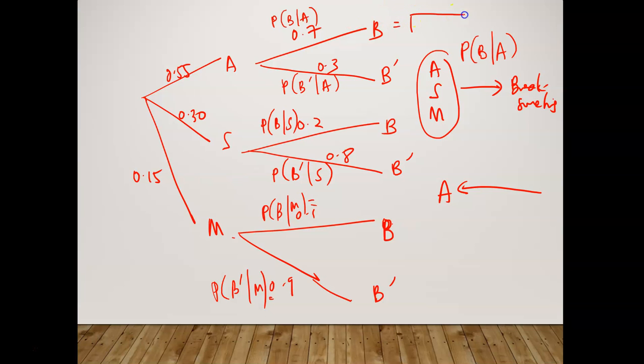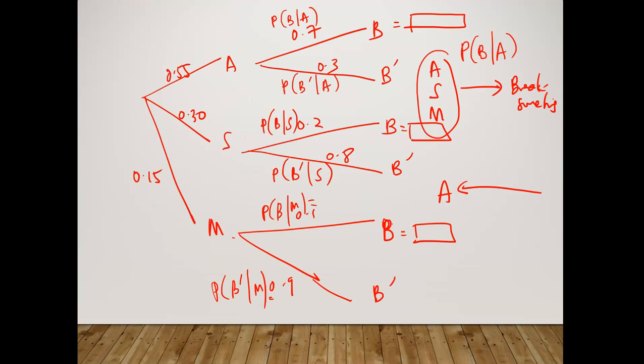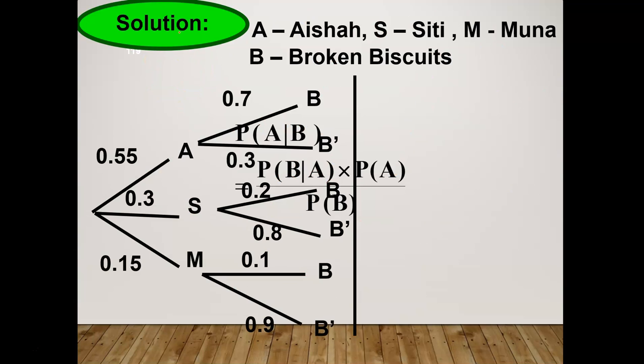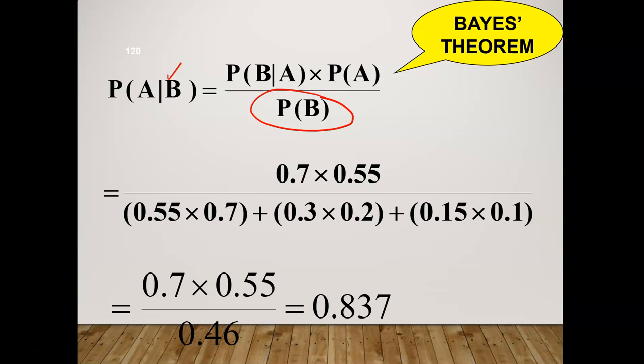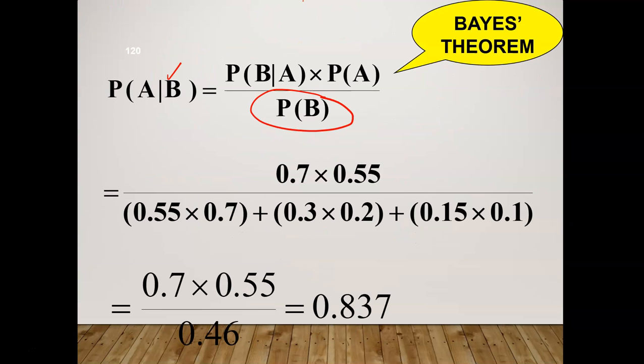Aisha breaks, Siti breaks, Muna breaks the biscuit. So the addition of these three will give you P(B), break some biscuit. Then P(A) is 0.55, and P(B | A) is this. Very easy. You just substitute the value and you get the answer. This is the probability.